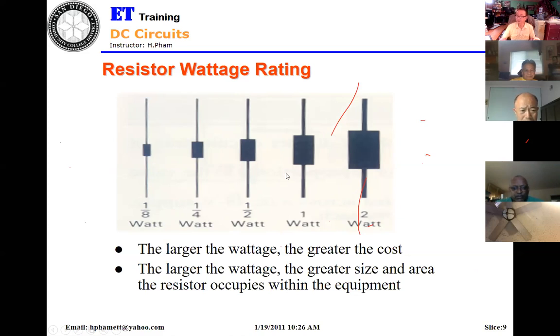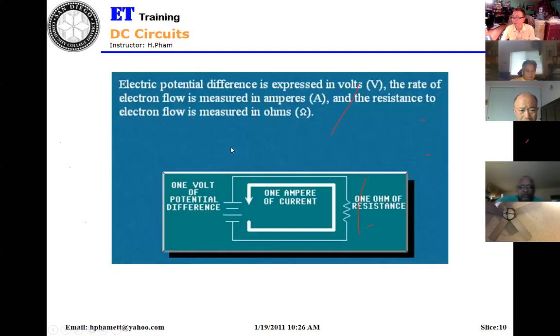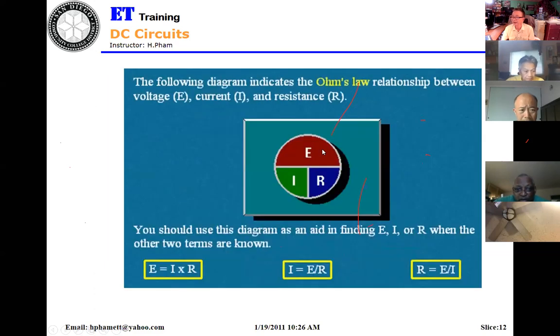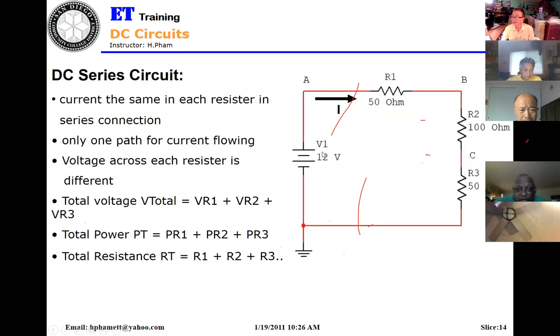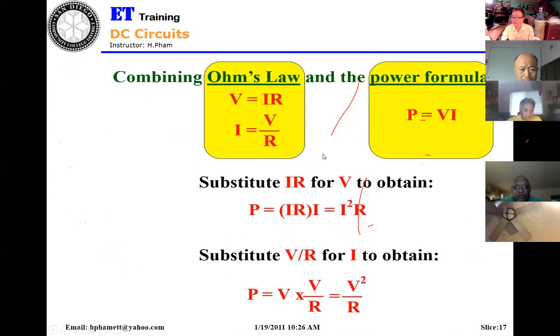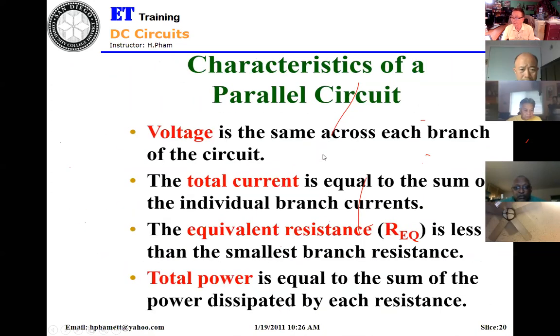Okay, if you are using too much current and the resistor is too small, it will burn out. Okay, and this basically you can see for the law. I just go through it quickly, to try to introduce it to you.